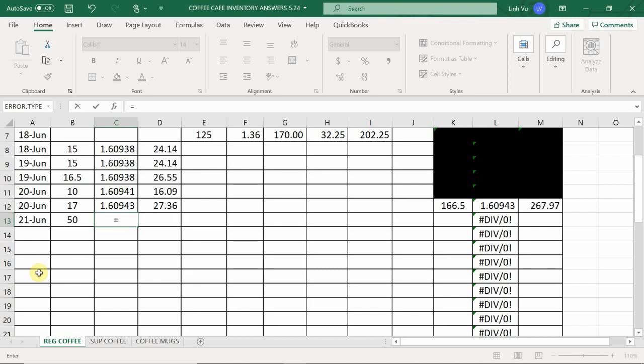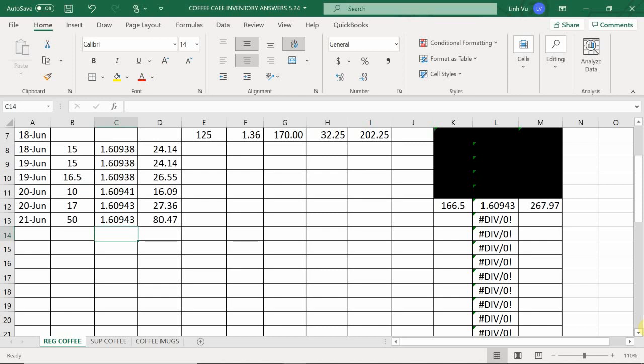At what cost? 1.61. Rounding up. We're not rounding up. 12.609.